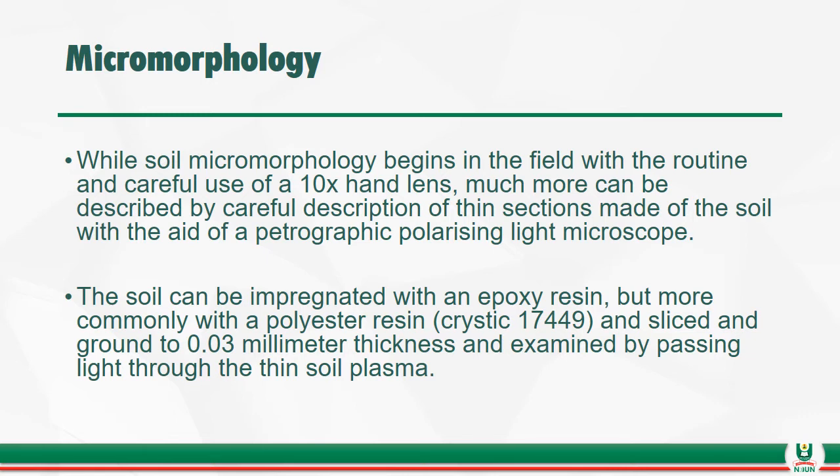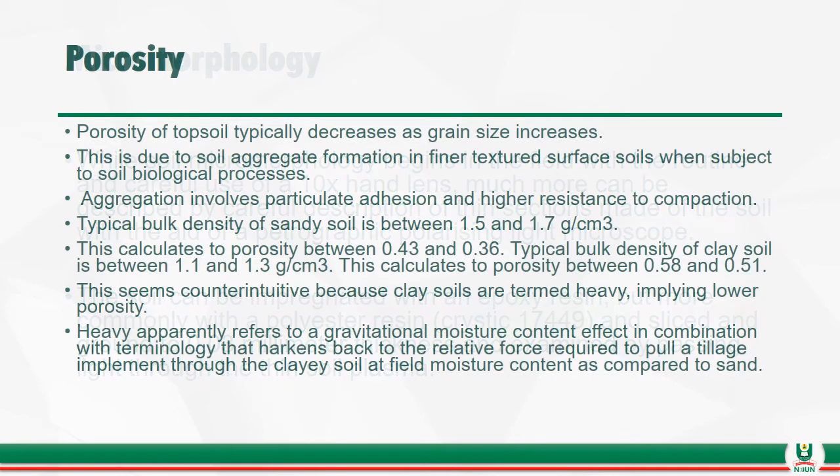The soil can be impregnated with an epoxy resin, but more commonly with a polyester resin, and sliced and ground to 0.03 millimeter thickness and examined by passing light through the thin soil plasma.